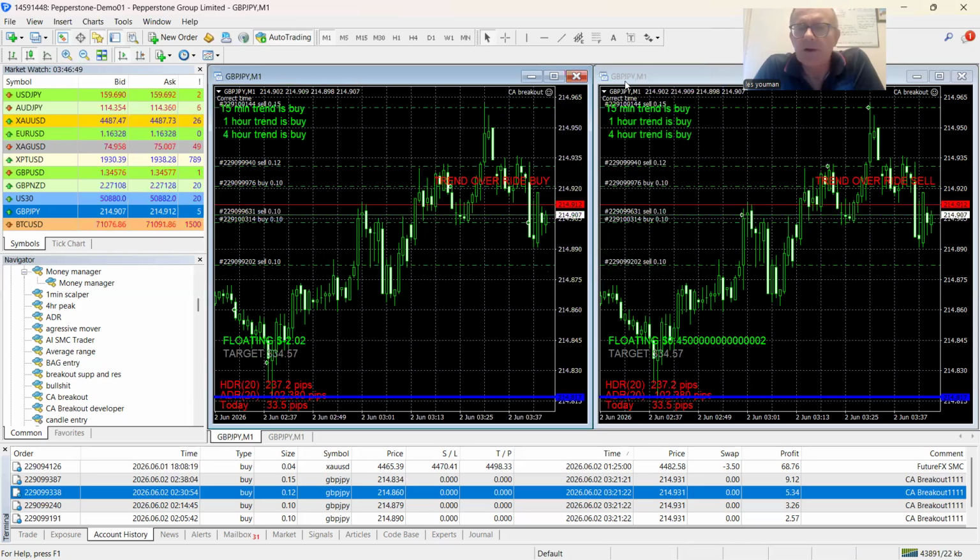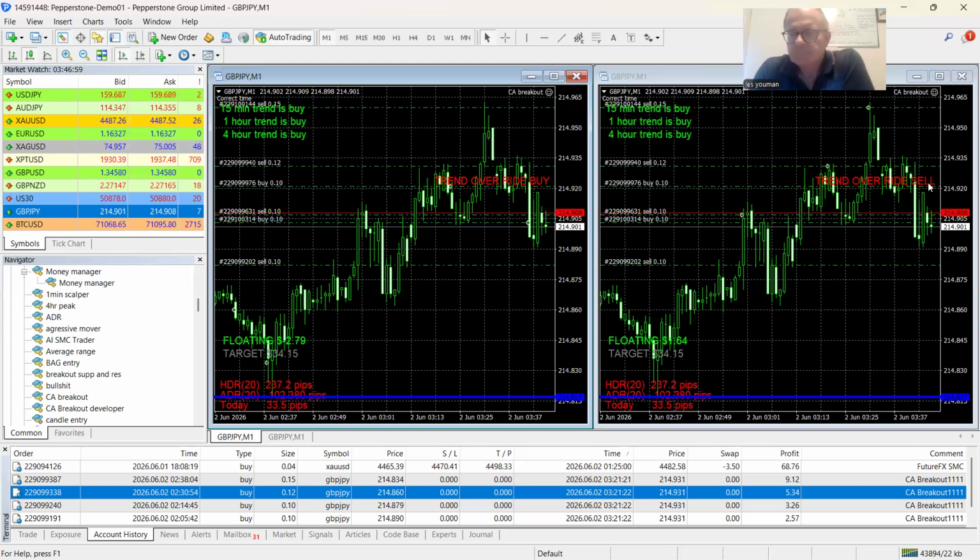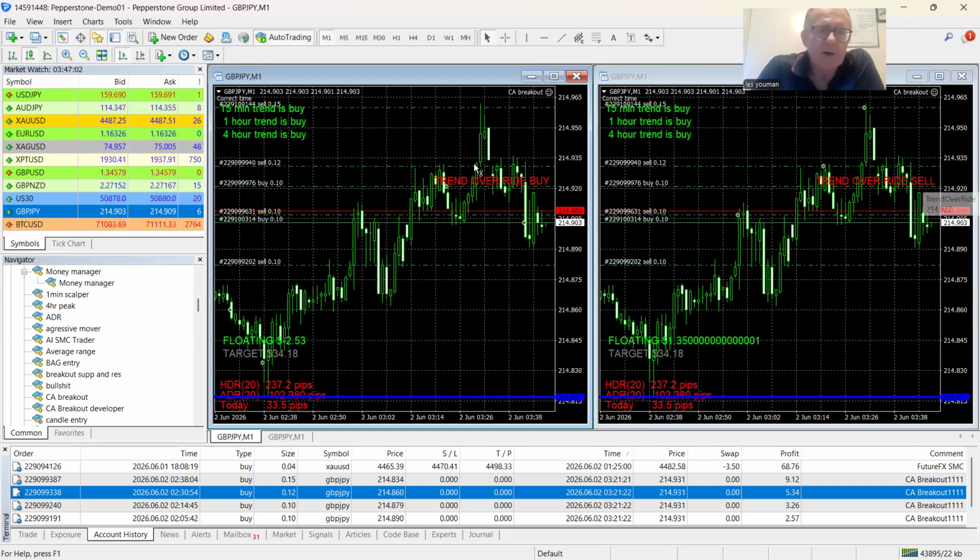Now, over here on another pound yen trade, I've done all the same overrides, except this time I've told it to only do sell orders. So what it's doing, if we have a look at the chart here, we have a sell order, a sell order, a sell order, and a sell order.